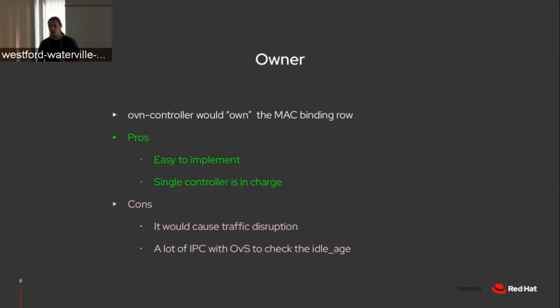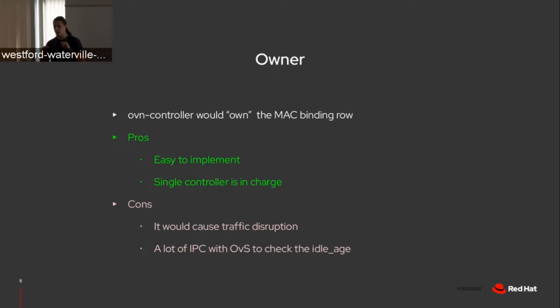So the third idea, and this is actually the first iteration of the MAC binding aging that was posted on the upstream mailing list, is that we would have something like an owner. As I said, when we don't have the MAC binding, we send the ARP and we get the response from the ARP.